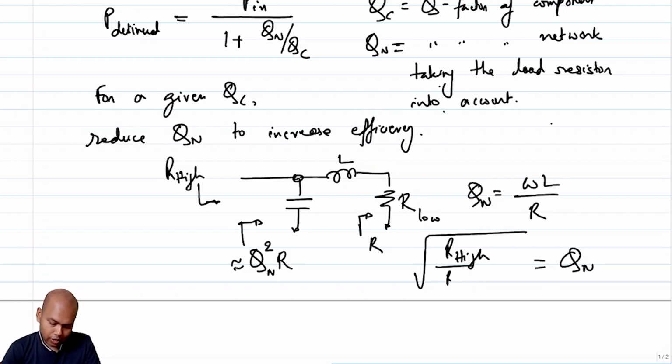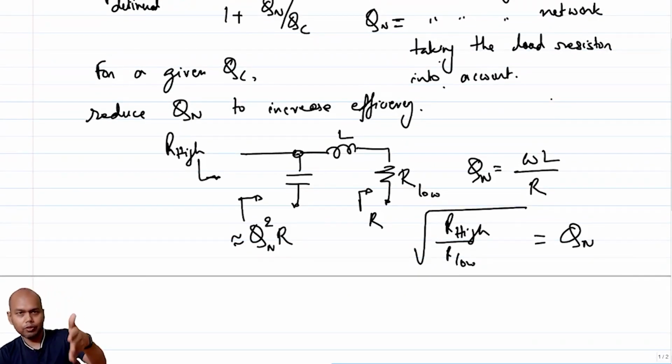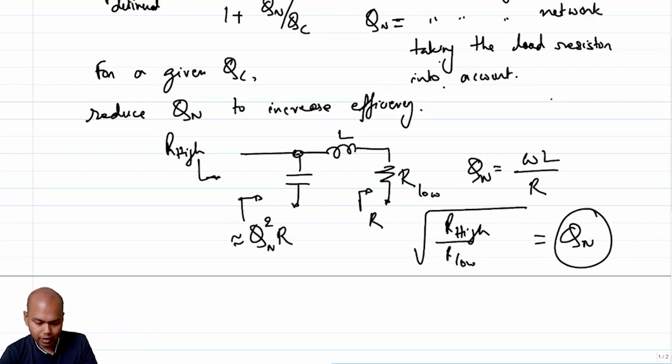R low is clearly not in our control, because if it were, we would have changed R low right away. There was no need to transform it to a different impedance. And if I want to transform it to R high, then naturally that means I fix Qn.